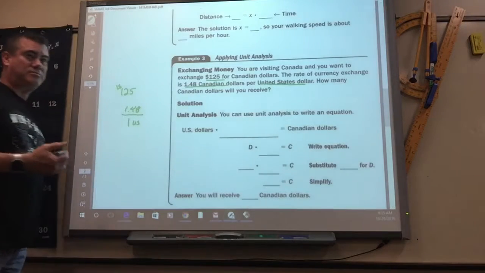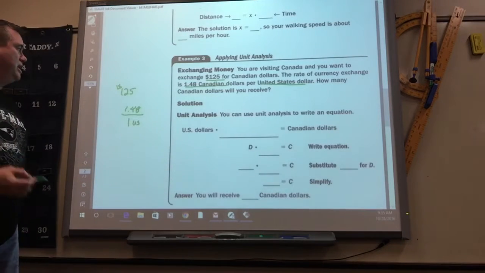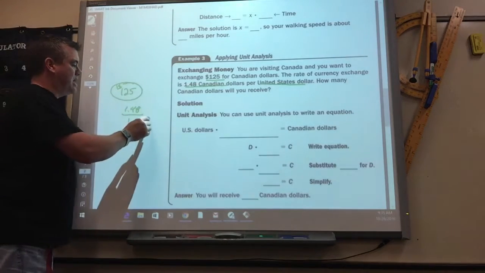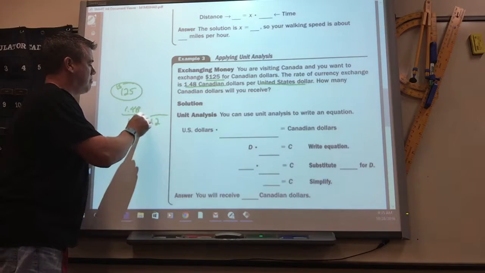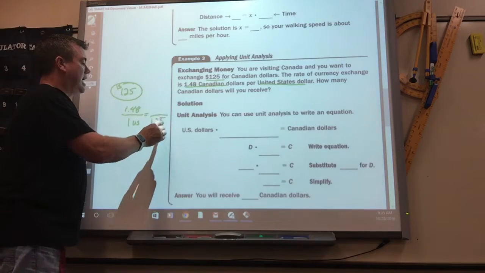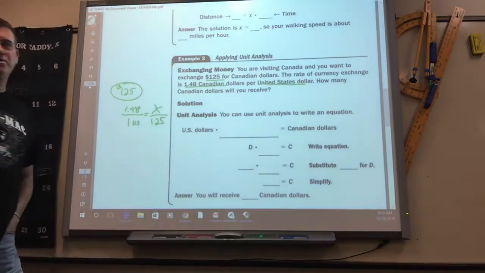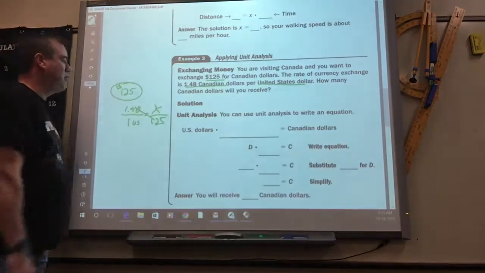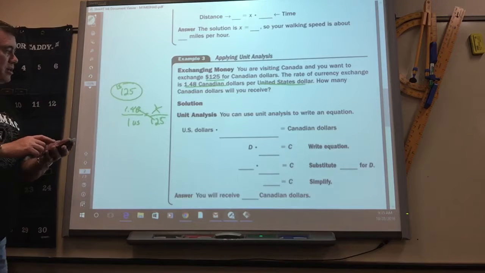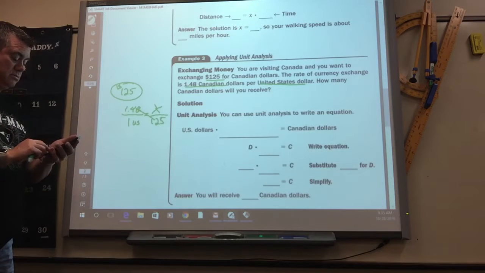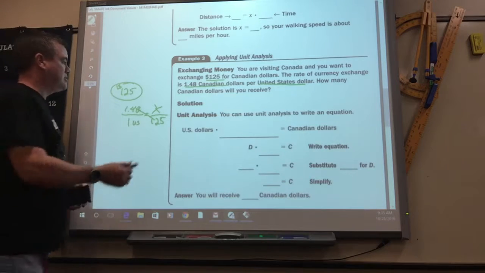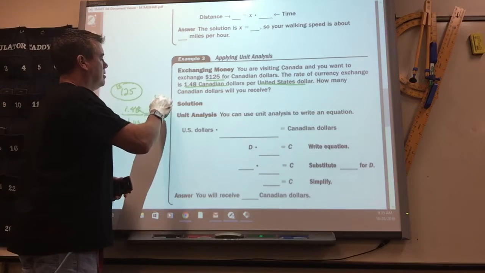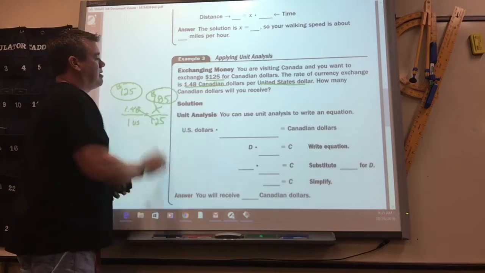So since this is US, that would have to go on the bottom. And then we're wondering how many Canadian dollars you would get. Cross multiply and divide. 1.48 times 125 divided by 1. And that's 185 Canadian dollars.